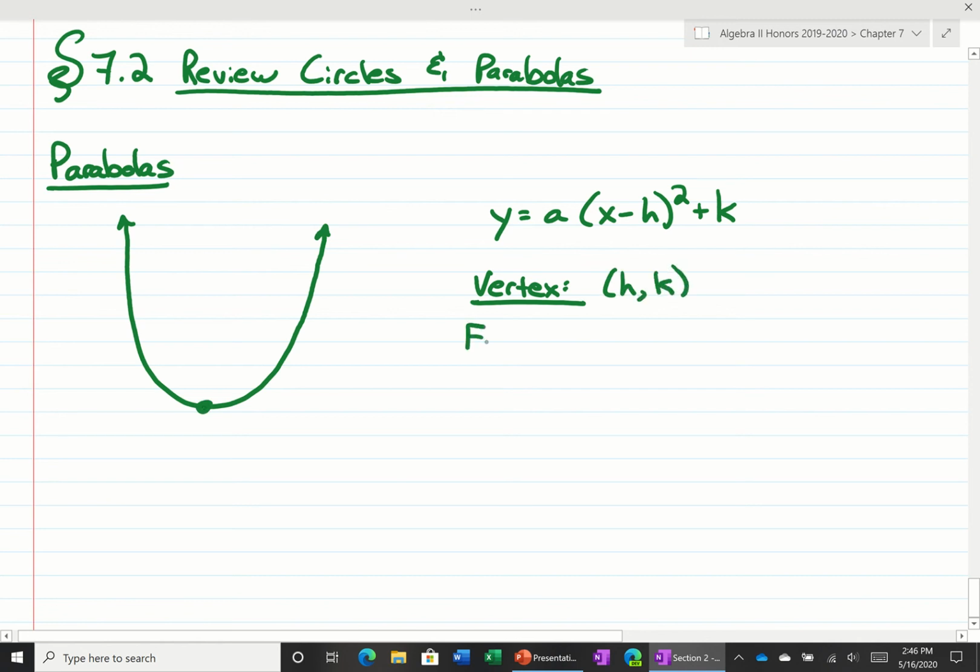All the parabolas are points that are equidistant from a focus and a directrix. And the key is the focus is 1 over 4a units away, and it's the same distance to the directrix.